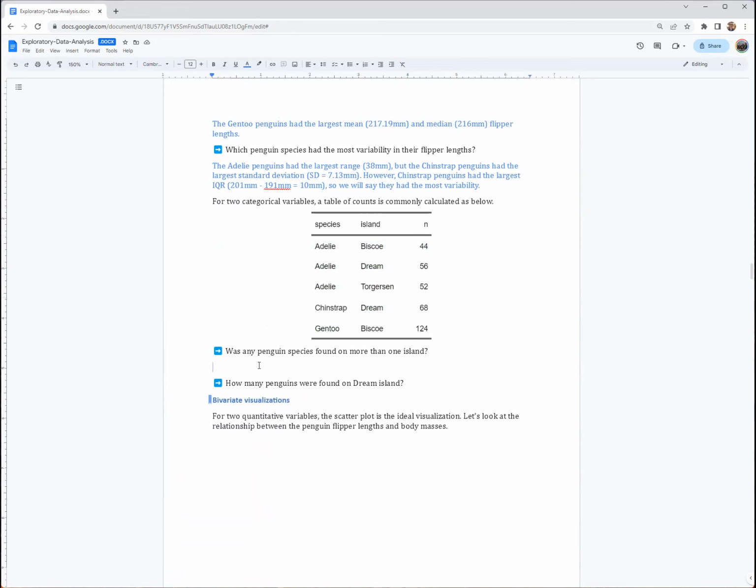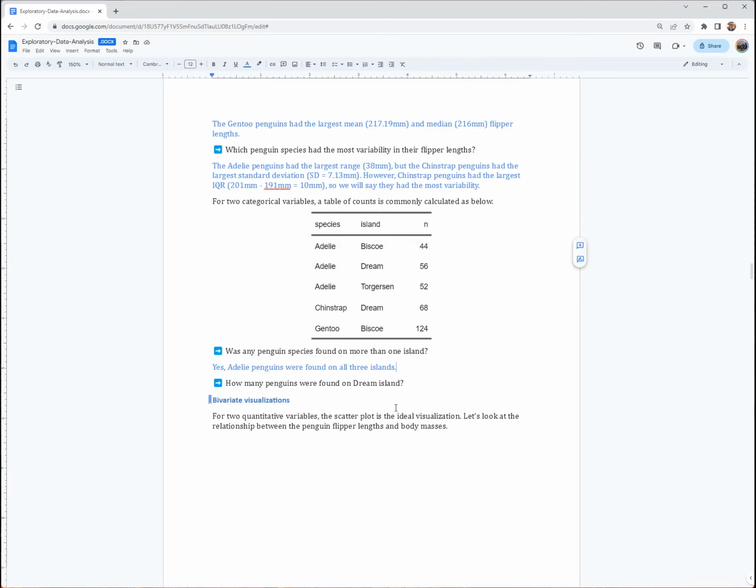So was any penguin species found on more than one island? Yes. Adelie penguins were found on 3 islands. Okay. Biscoe, Dream, and Torgersen.